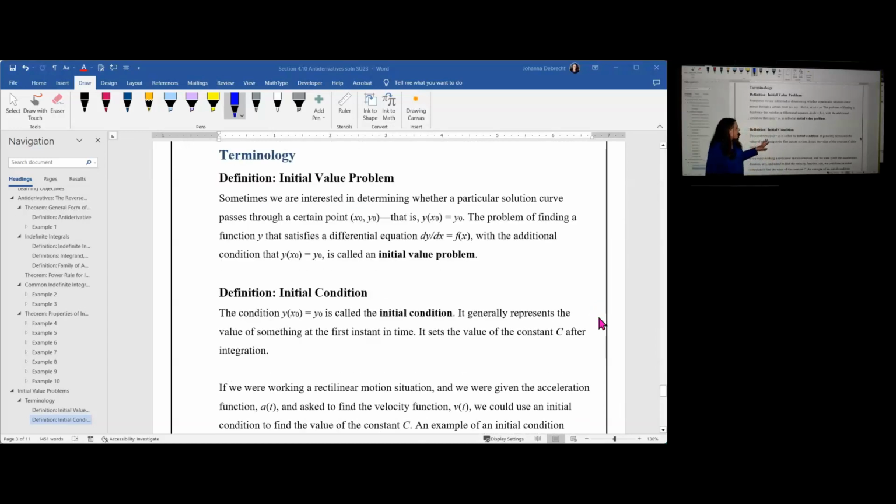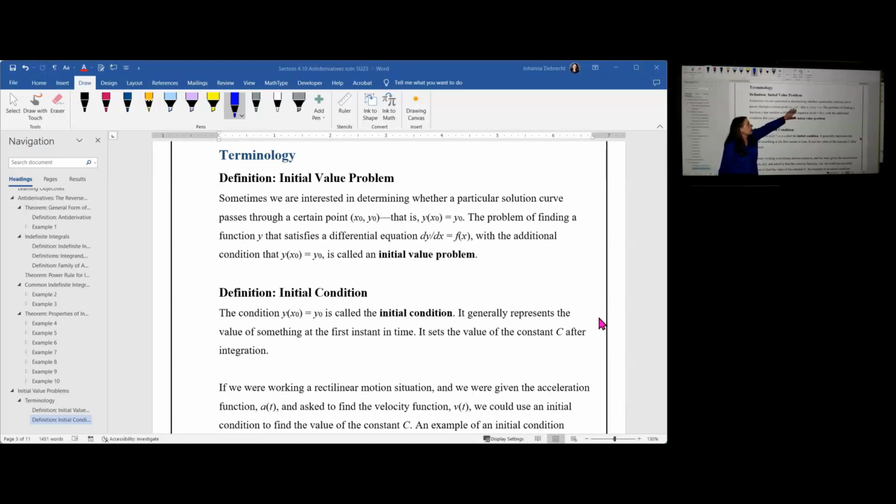If we're given a value on the particular function, for example, I don't know what the function y is, but I know that when x is equal to x sub 0, the y value is y sub 0. In other words, I have a point that's on the function I'm trying to find.